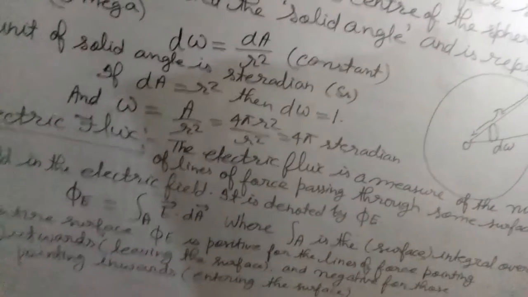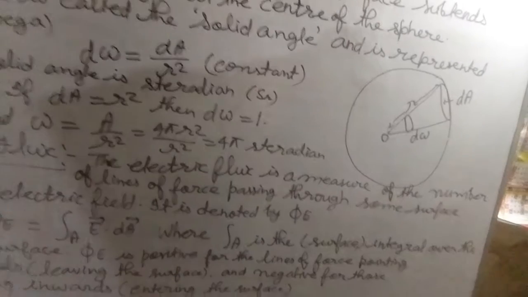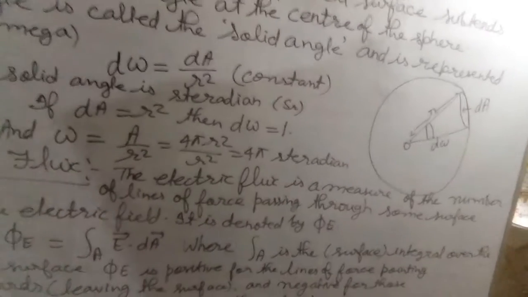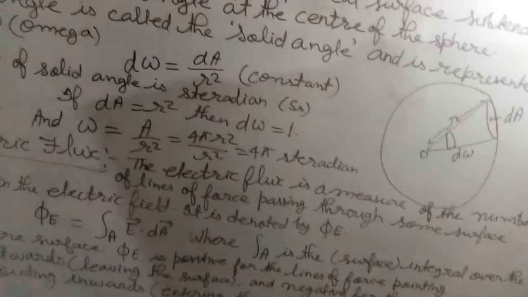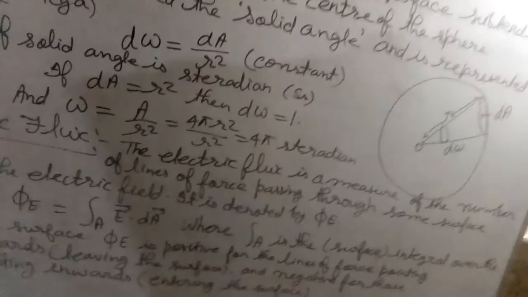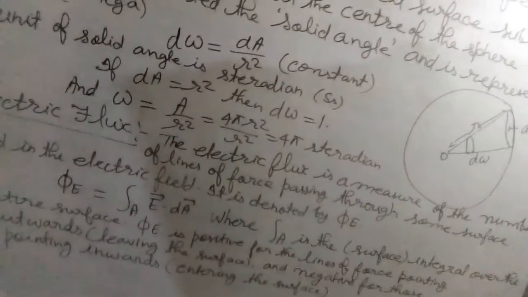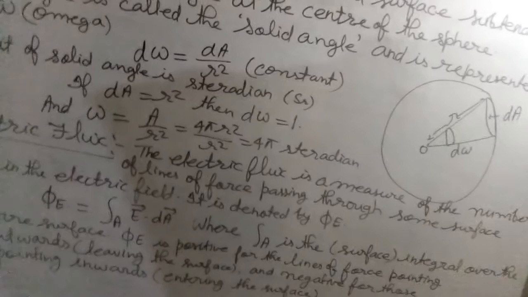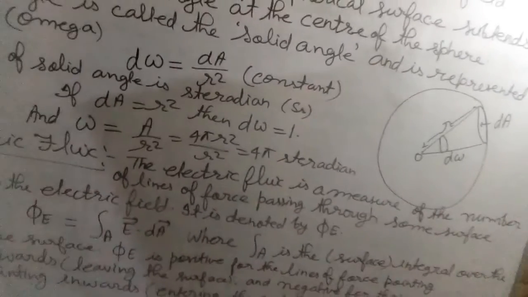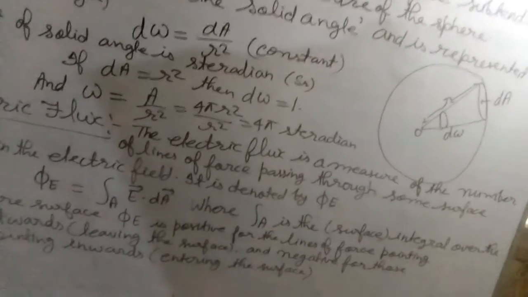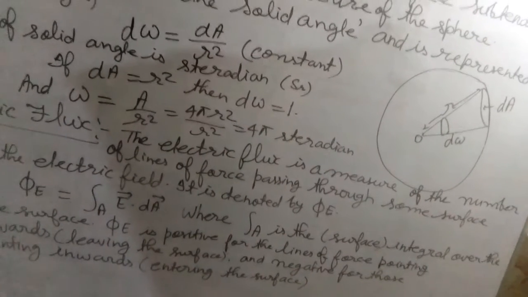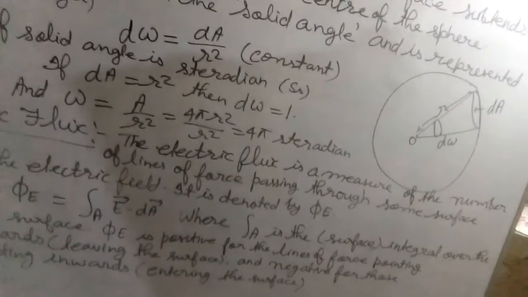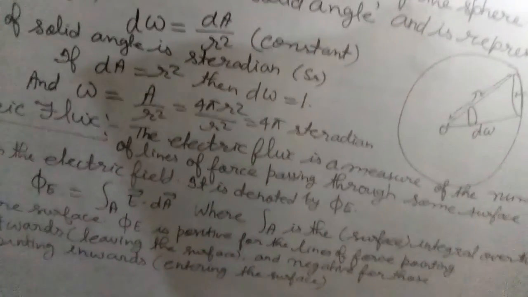Let a small part of area dA, then the angle subtended by this small part of the sphere at the center of the sphere will be d omega. Then d omega equal to dA upon R square.